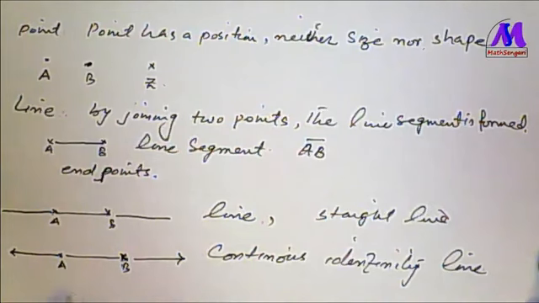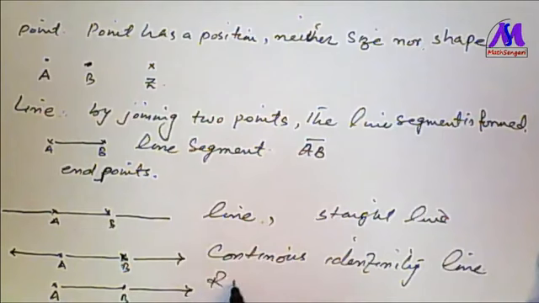In the same way, for example, a line starts from point A, here is point B, but it extends on one side with an arrowhead. Then such a line is called a ray.